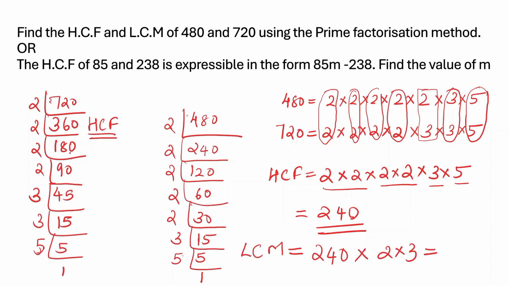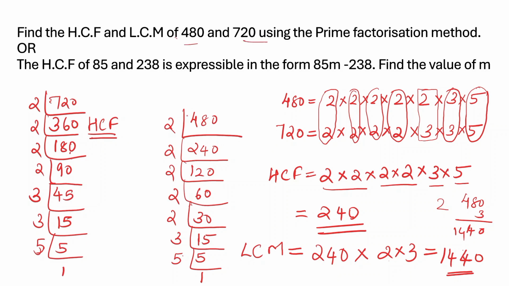Those are without any pair, right? So we can take that also for finding the least common multiple. Again, if you want, you can do the prime factorization again, and you will get the same answer. 240 times 2 is 480, 480 times 3, 1440 is the LCM of these two numbers, 480 and 720.